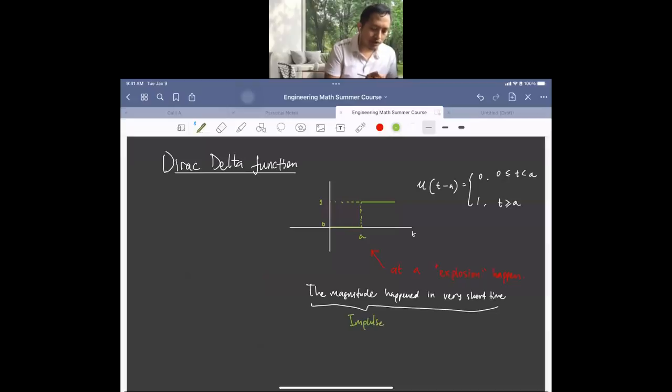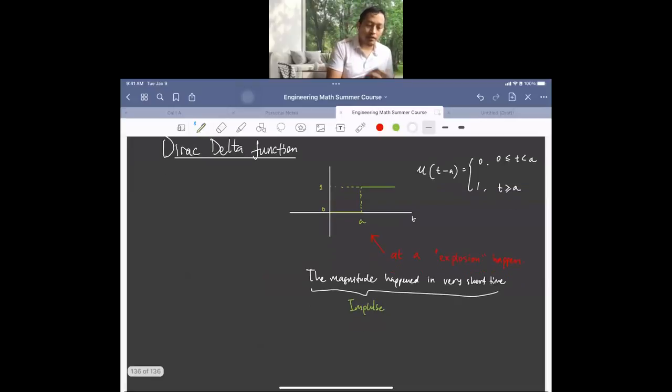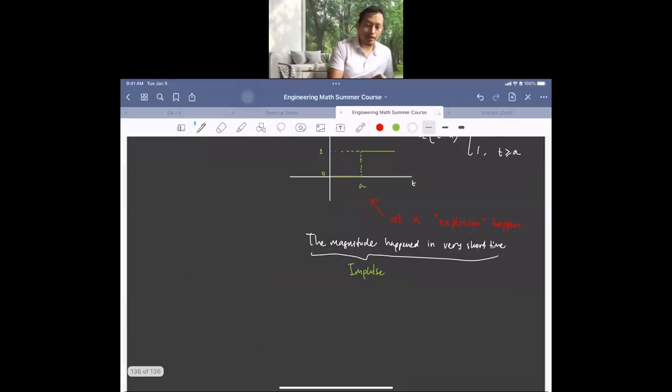But of course, if you want to get the idea of what this impulse is, we need to define a new visual graph, and we are not using the Heaviside. We need to give another name to make this impulse more defined.